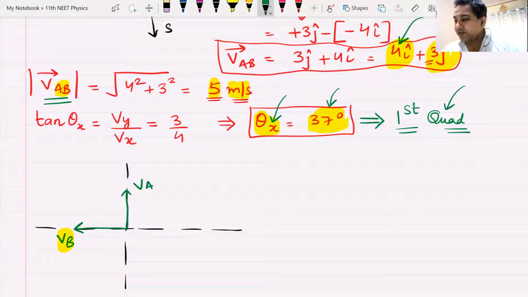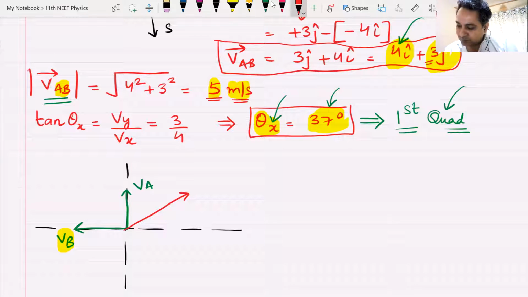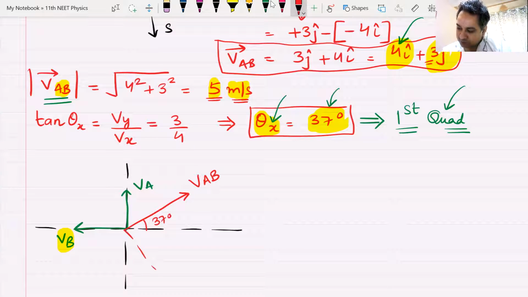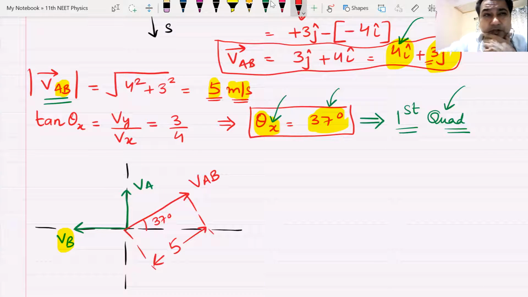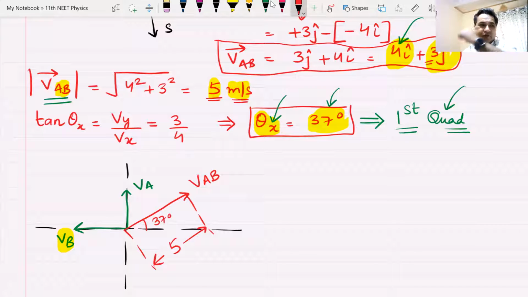Now I will try to draw it. First quadrant, this is my first quadrant. This is the velocity of A with respect to B. This angle is 37, and the magnitude of this vector is 5 meters per second. So when you become B, this is how A looks to you. When you are on ground, A is moving northwards and B is moving westwards.